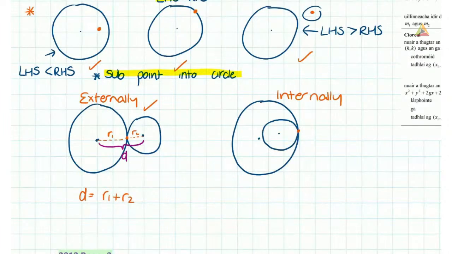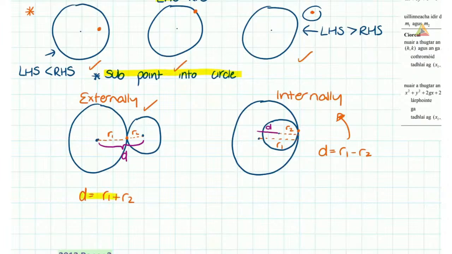And you've probably guessed it over here. There's my first radius, there's my second radius, and there's my distance between the centers. So if the distance between the centers is equal to the first radius, R1, minus my second radius, R2, well then the circles are going to touch internally.